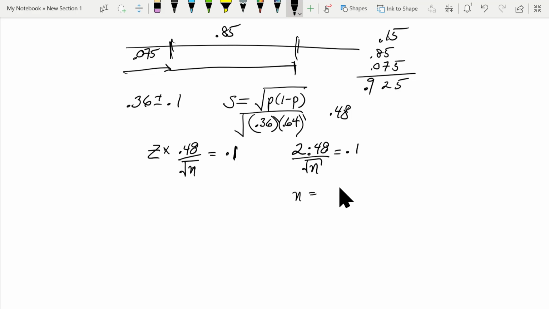N is equal to 2 times 0.48 divided by 0.1, squared. It's about 93. Right? With the proportion and the formulas, you can reconstruct the entire thing.